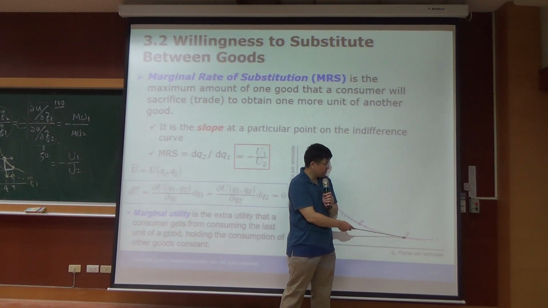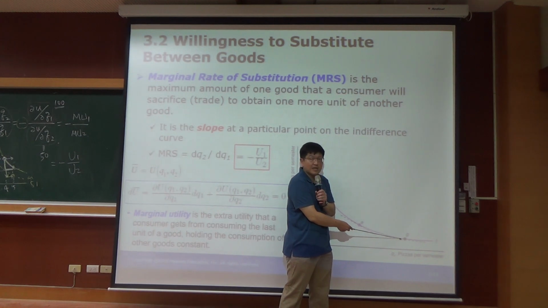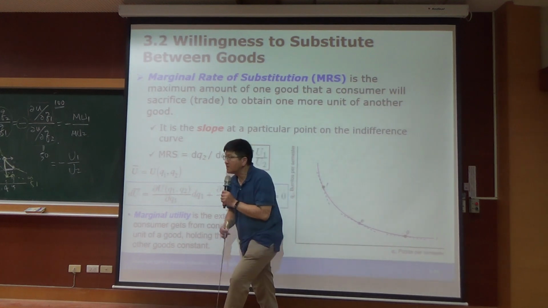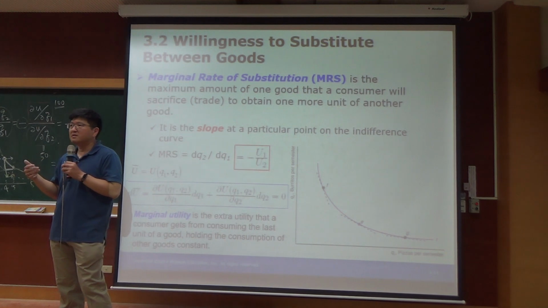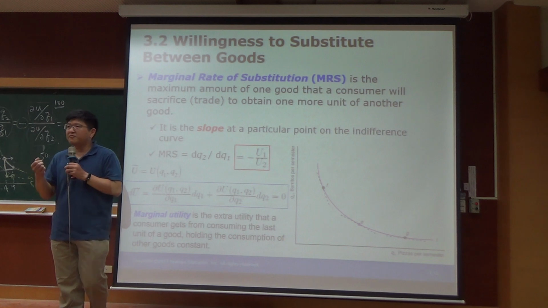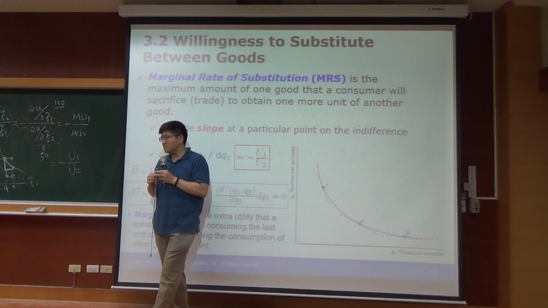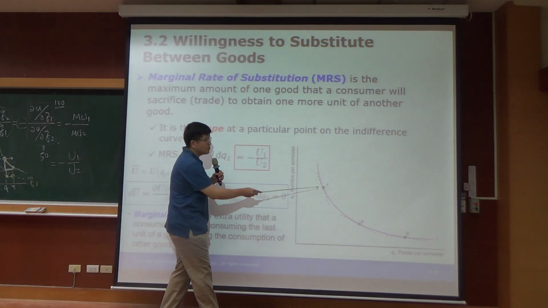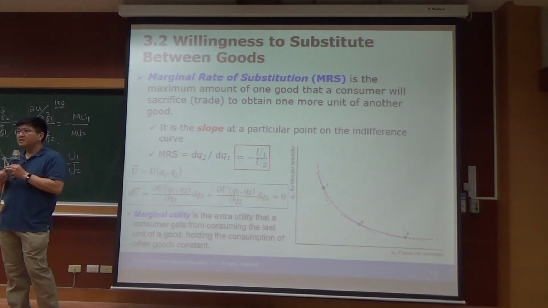And here I already have a lot of pizza, but not too many burritos. And if you ask me how many burritos I would like to sacrifice in exchange for another slice of pizza, I would say not too many, because I have as much pizza as enough, right? And now I have only a small amount of burritos. So I will not sacrifice as much as we did at point F. Got the point?